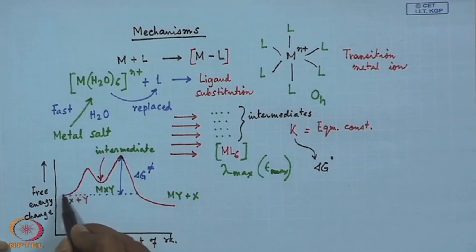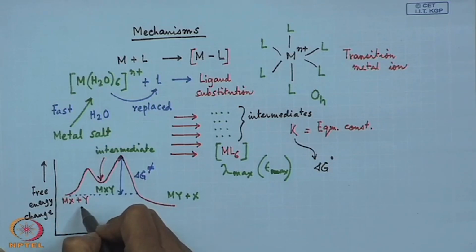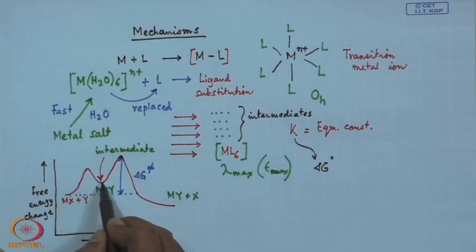So, for this reaction, whether it is a replacement of the water molecule by L or replacement of X by Y, we see that it crosses one small hump and approaches some intermediate. That means when this intermediate is formed, it has sufficient stability and it can be detected at this particular point.